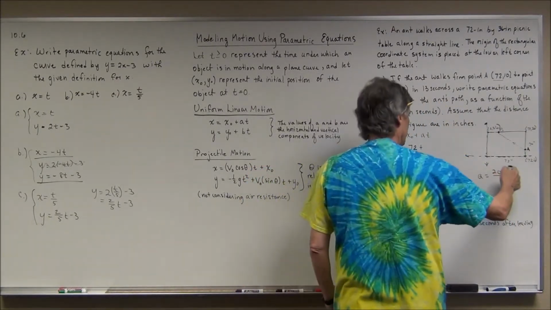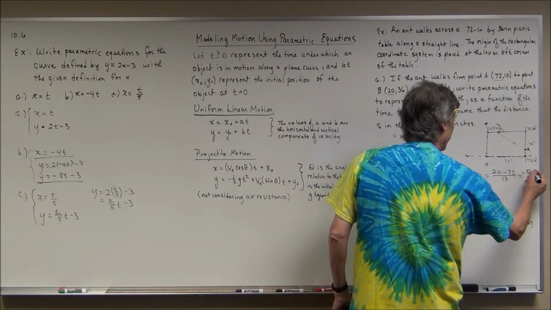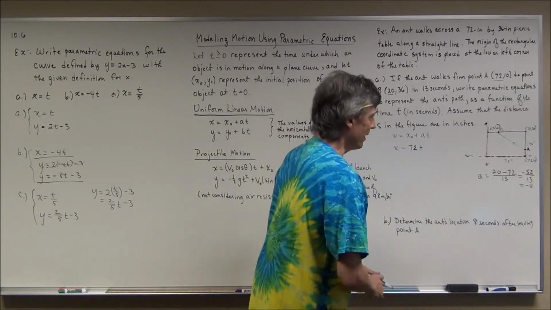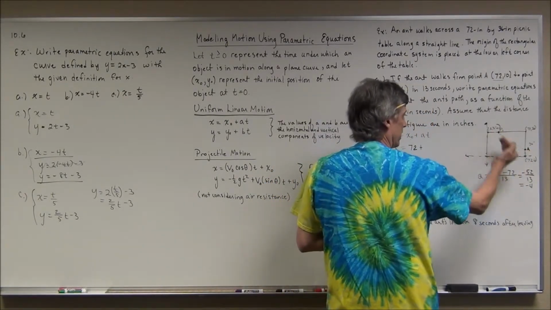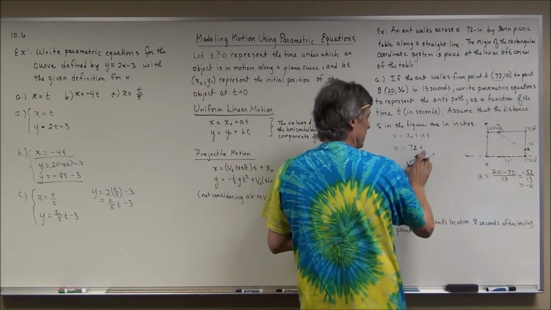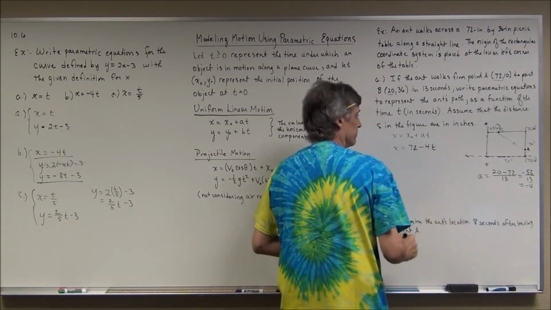So this is the change in distance over the change in time. This is negative 52 divided by 13. This is negative 4. And that kind of makes sense that it's negative because I'm going to the left horizontally, kind of left and up, but I'm doing it on the diagonal. So it makes sense that a is negative, so I'm going to write minus 4t.